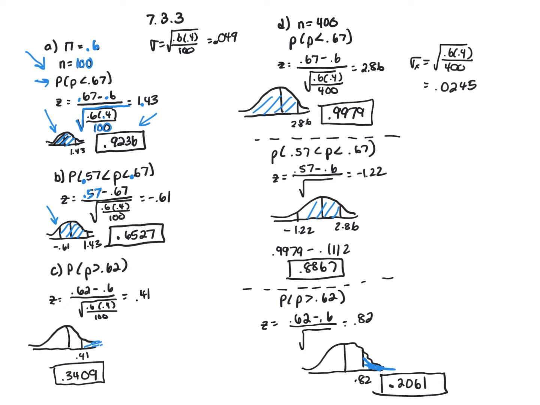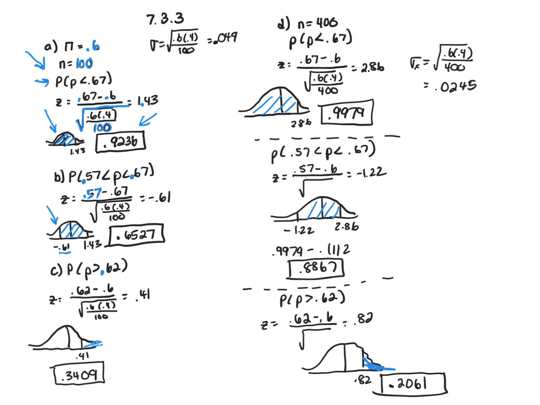The way I got that, I used page 2 of the chart minus page 1 of the chart. I found the probability of less than 1.43, and then the probability of less than negative 0.61, and found that difference.